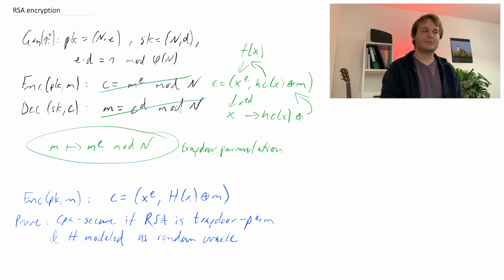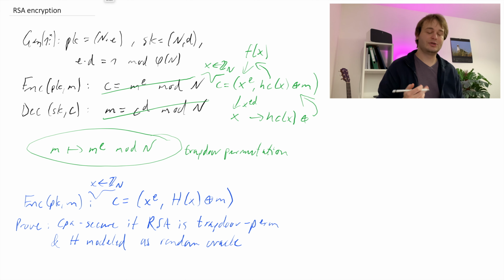So, question for you, how does this proof go? As usual, we assume we have an adversary A against this RSA encryption scheme with the random oracle, and we construct an adversary A prime against the trapdoor permutation.